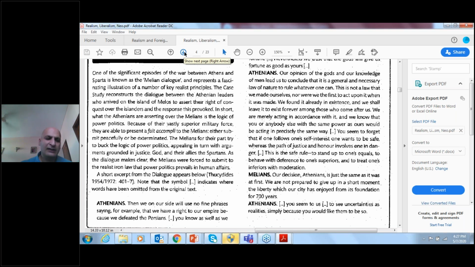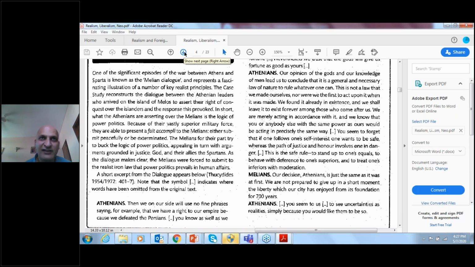So the Melian dialogue is, Thucydides points out, between the Athenians and the Melians. The Melians are a small island, and they are allies of Sparta. But Athens is more powerful at sea, so the Athenians come to the Melians and say that you must stop supporting the Spartans. You must pay tribute to us, the Athenians, and you should become our vassal state.